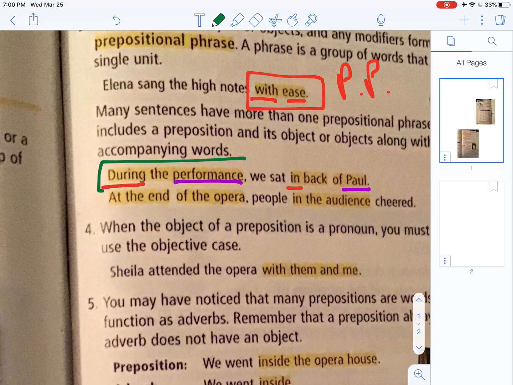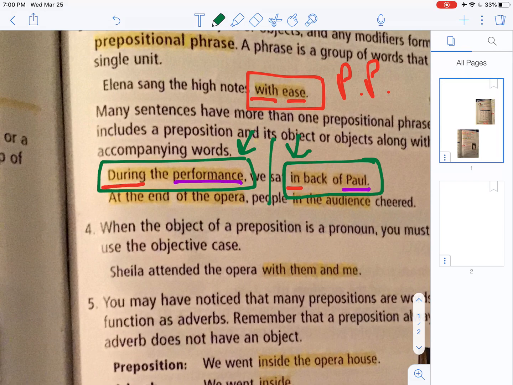So my first prepositional phrase is during the performance, and my second one is in back of Paul. If you notice, this preposition will never touch anything in this prepositional phrase. So they are always separated. They never cross over. One prepositional phrase has to end before another one begins. So that's kind of good to know.